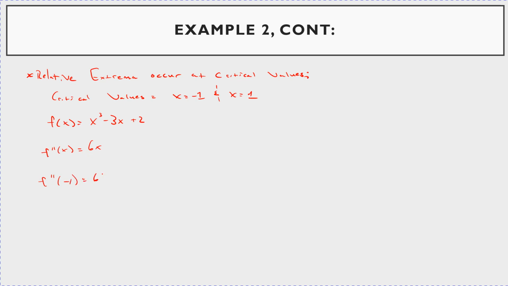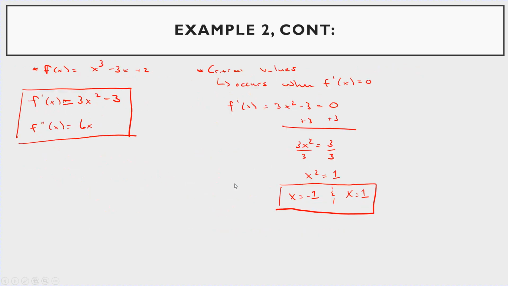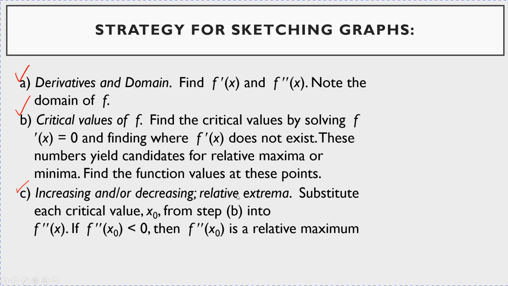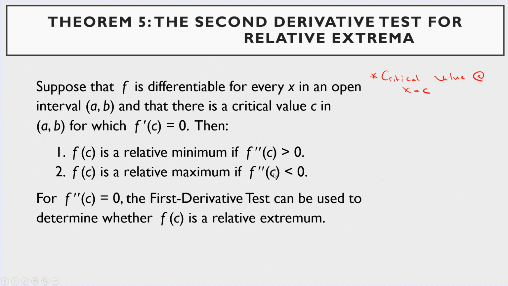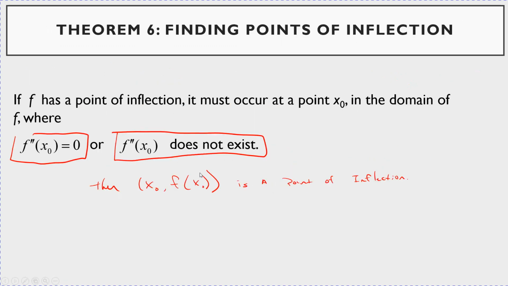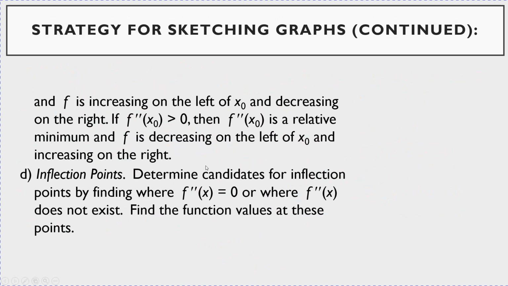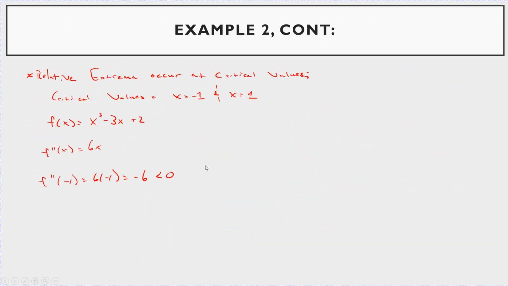So that's less than 0. So what does our second derivative test tell us? Well, it works the opposite way you would think. So going back, if the sign is less than 0 here, you have a relative maximum. So relative max at this point, -1 comma f of -1.